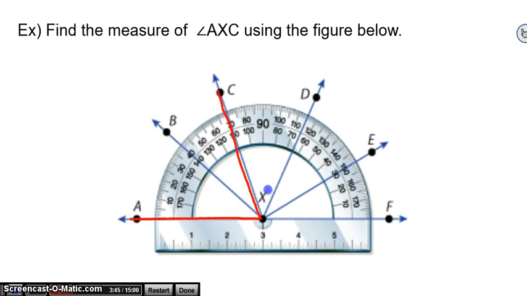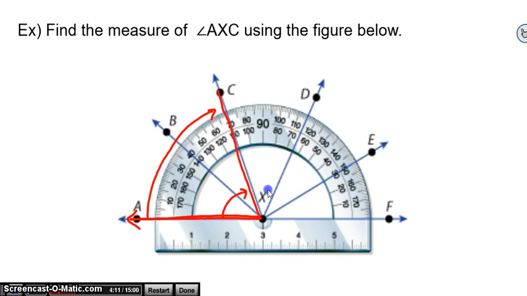If we're going to find the measure of AXC using the figure below, angle AXC is in this location. Okay, so we're looking at how wide, how big that angle is in degrees. Since our angle starts with ray XA, we're going to start on the outside of the protractor with the outer numbers moving this direction.